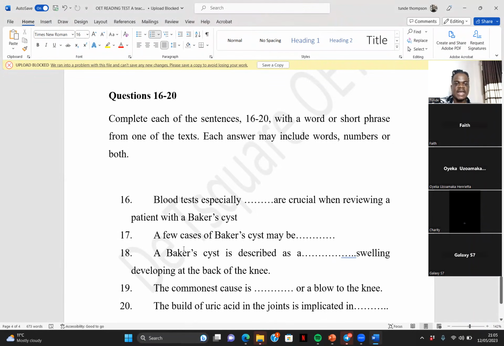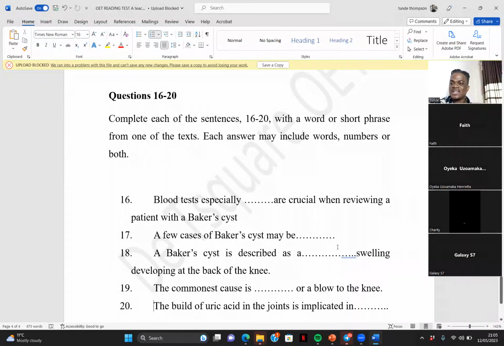Now, a Baker's cyst is described as, they've already written "a" for you here, so it should be fluid-filled swelling. Now, if in your answer you write "a fluid-filled swelling", they will mark you wrong.